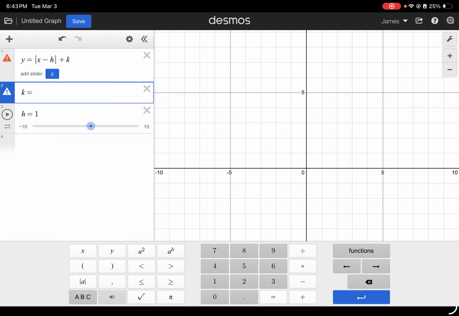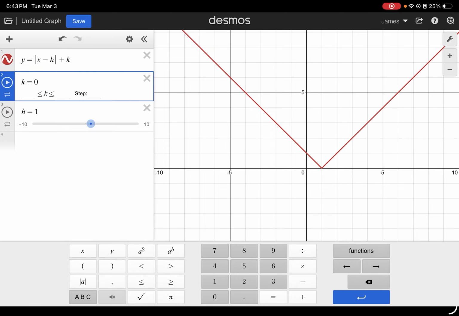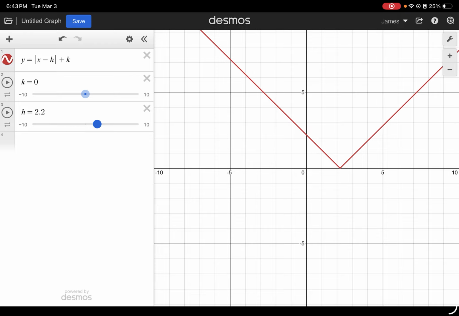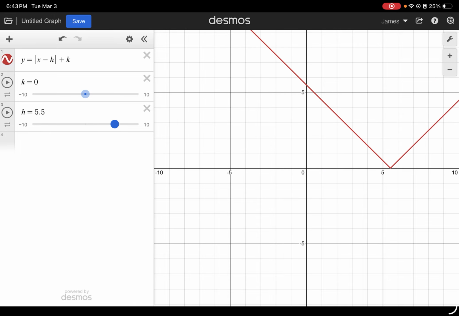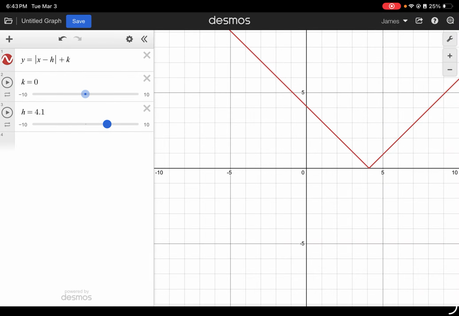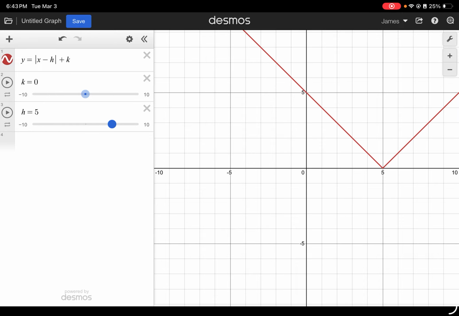Now, let's see what h does. As h gets bigger in the positive direction, notice it moves to the right. So that's absolute value of x minus 4, which moves it 4 units to the right. X minus 5 would be 5 units to the right.